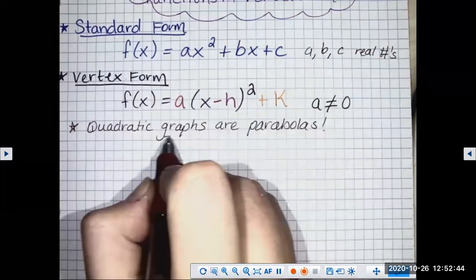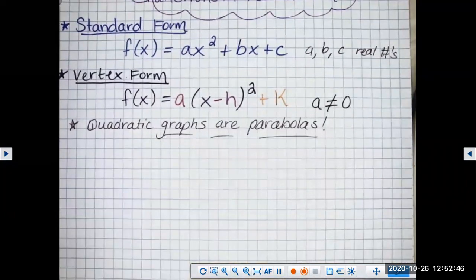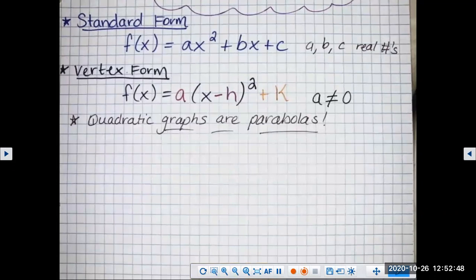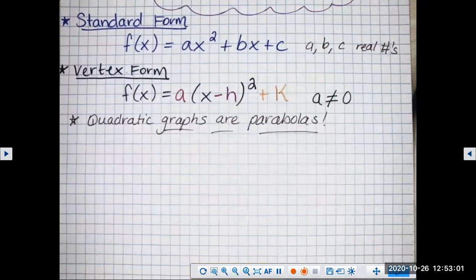Quadratic graphs are parabolas. All right, let's talk about the vertex form, and let's talk about what all of these values do to your graph.